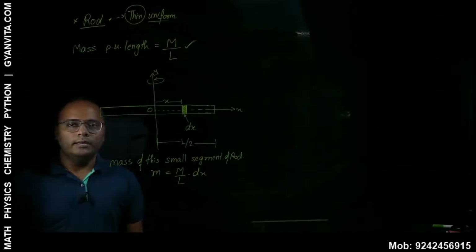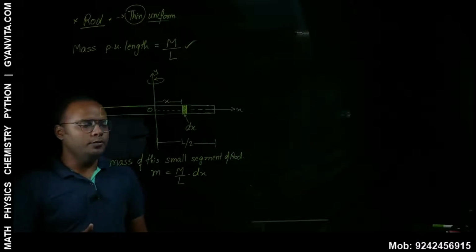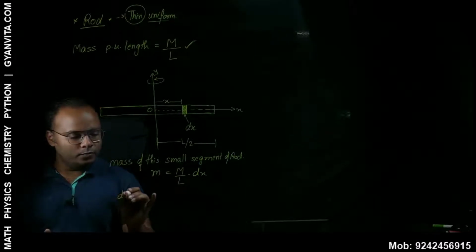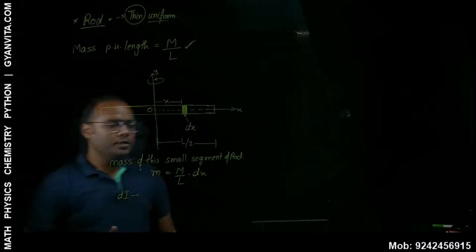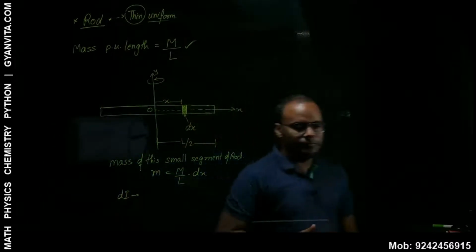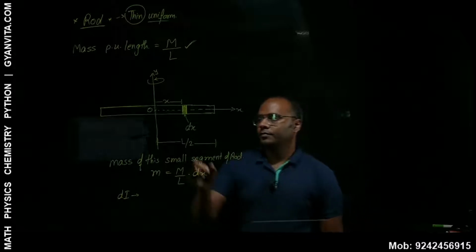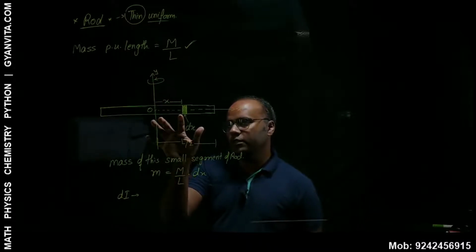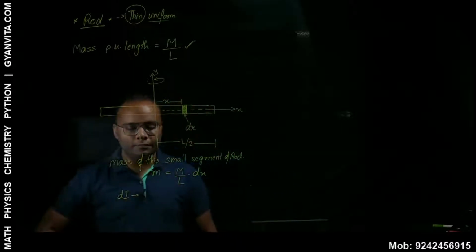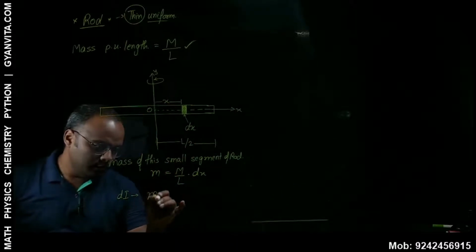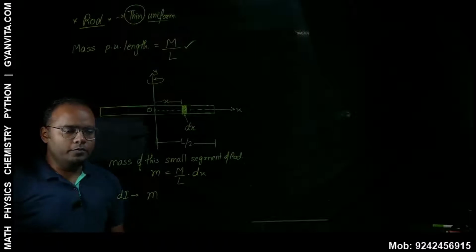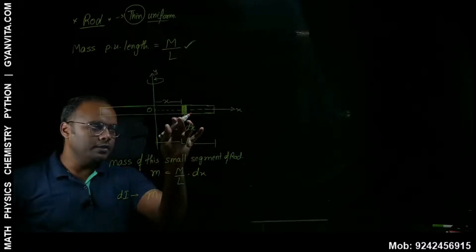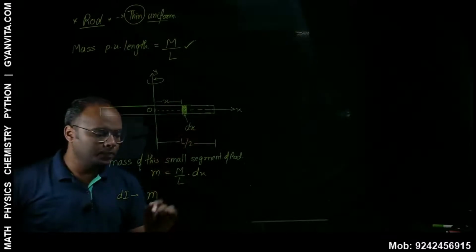Is that clear? What do we have to do now? dI is the moment of inertia of this segment about this axis. The distance from this axis is x, and this small moment of inertia will be the mass of this segment into the square of the distance.